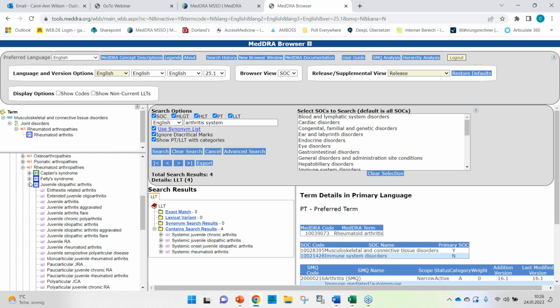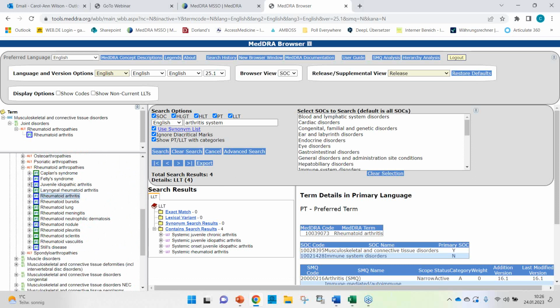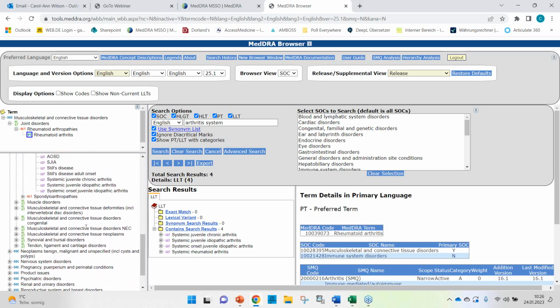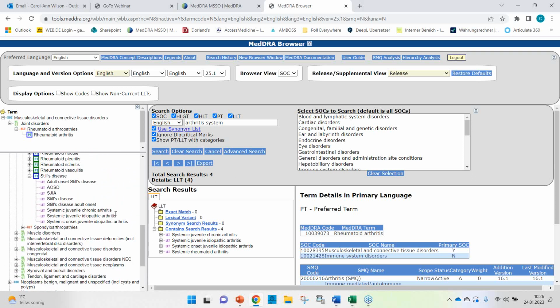It captures the age group, but not the systemic disease. And if we now look for the other terms that we saw in our poll, the systemic juvenile chronic arthritis, systemic juvenile idiopathic arthritis, systemic onset juvenile idiopathic arthritis, all these three LLTs are grouped under PT Still's disease.